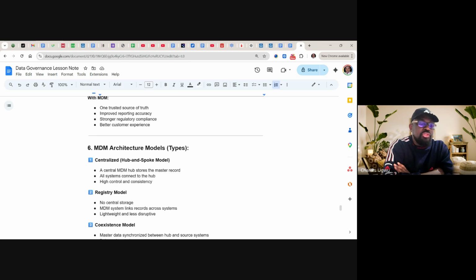These are the most sought after by different organizations. You just store it in one place and everybody will have access. All systems connect to that hub. High control and high consistency.